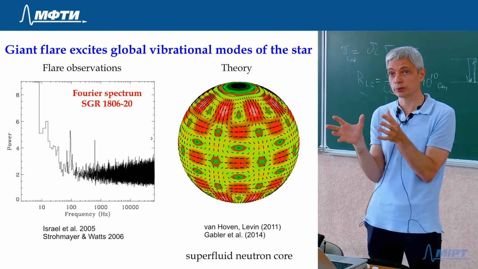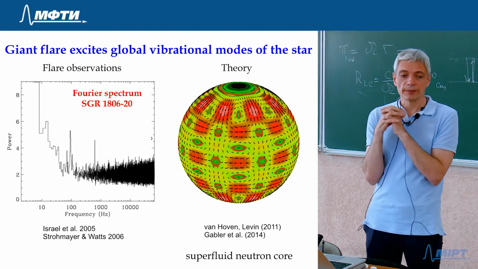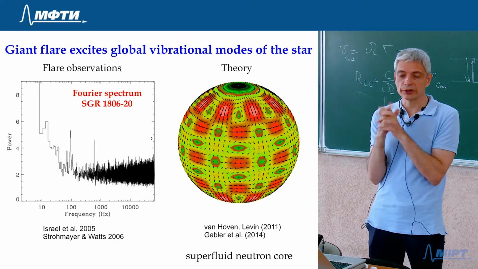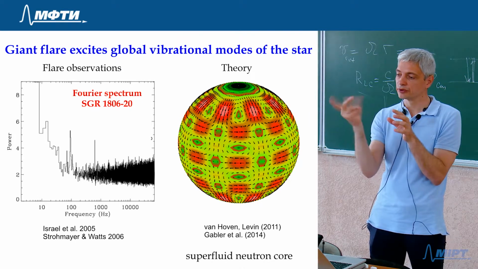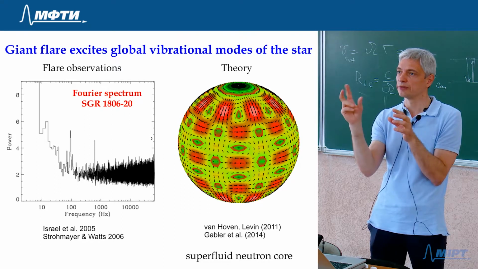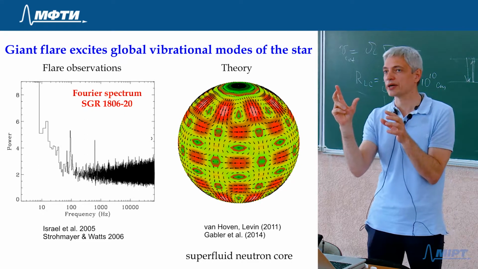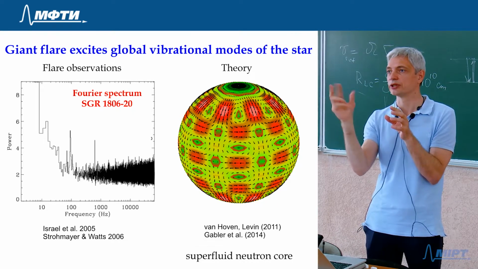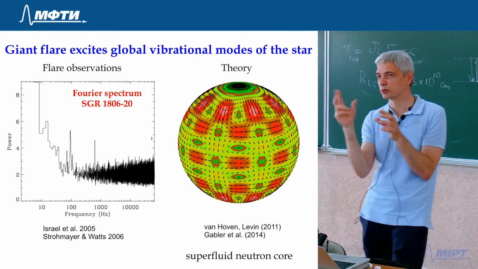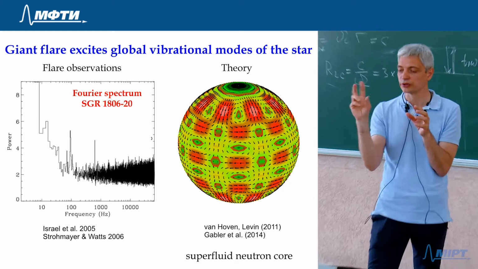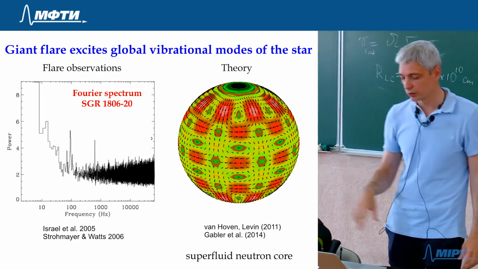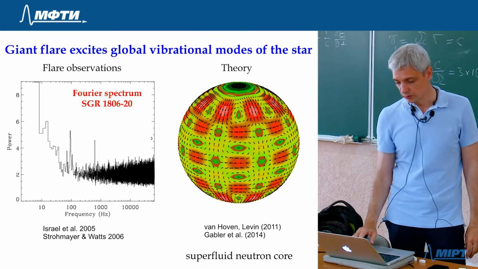Neutrons have to be superfluid. Because superfluidity helps you to decouple this mode from this neutron background. Neutrons are not involved as much. Effectively, the inertial mass of the oscillating material is less when the neutrons are superfluid. And you need this to get the high frequencies of the oscillations that we see.